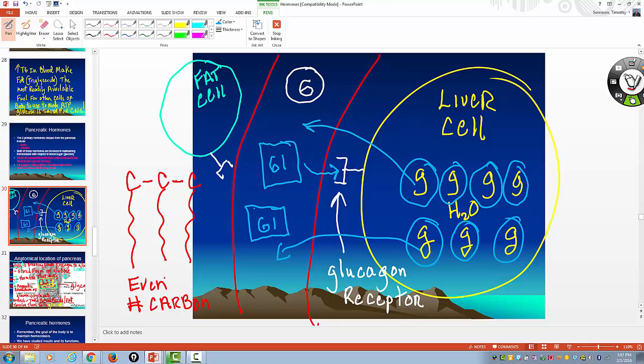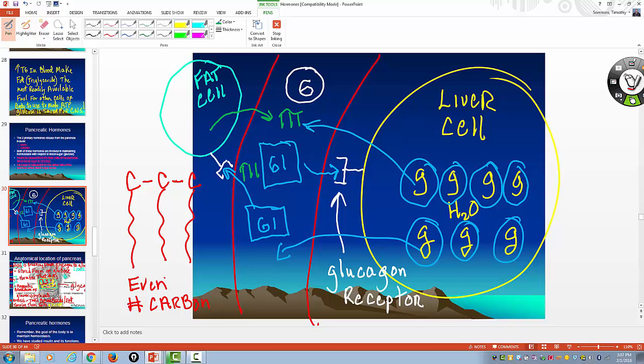So glucagon is going to bind to glucagon receptors on fat cells, and it's going to cause the breakdown of fat, and it's going to dump, excuse me, dump triglyceride into your blood.